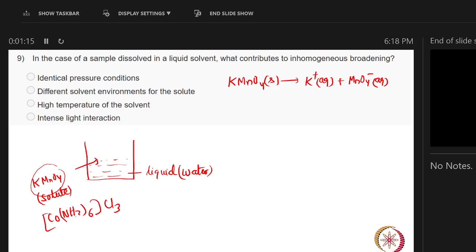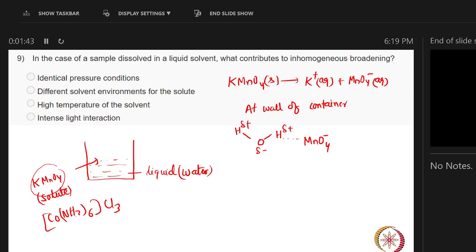So at the wall of the container, we have some MnO4 minus, and it is interacting with H of water molecules because of the electronegativity difference between these two.